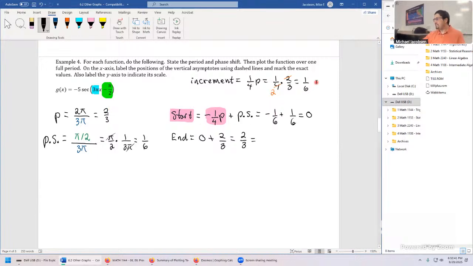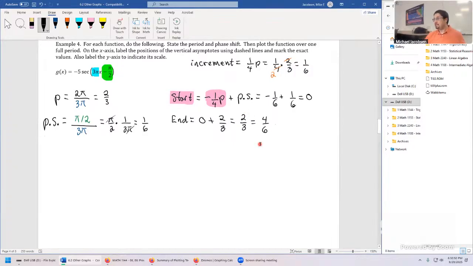Looks like everything is in sixths, though, thanks to that increment. So to make it easy on the eyes as you plot, you can convert this to 4/6 if you prefer. Well, this gets us started, and we're now ready to write down a horizontal axis and then a vertical axis next. Any questions with any of this information we put down?